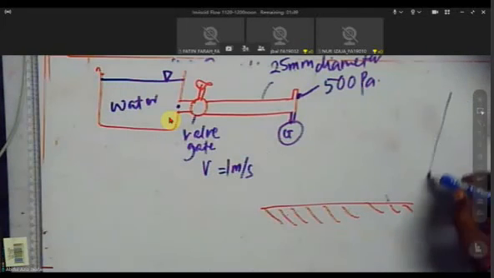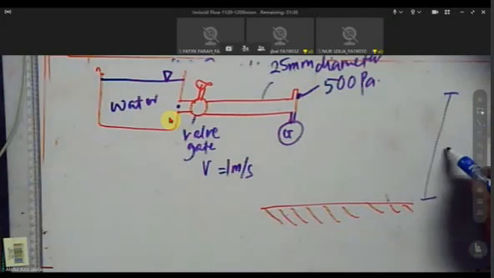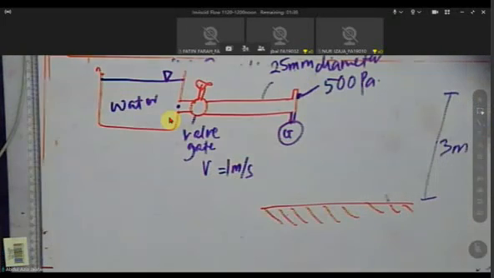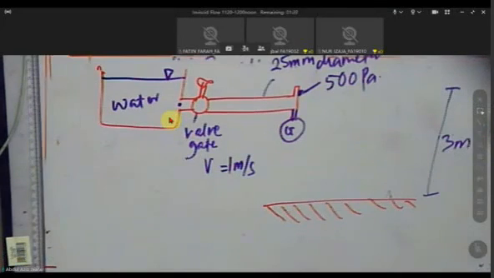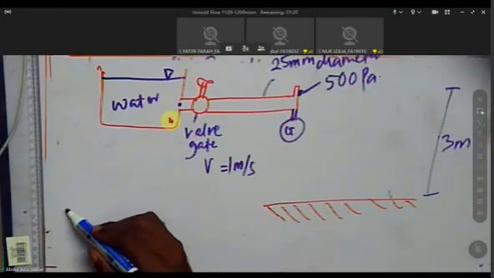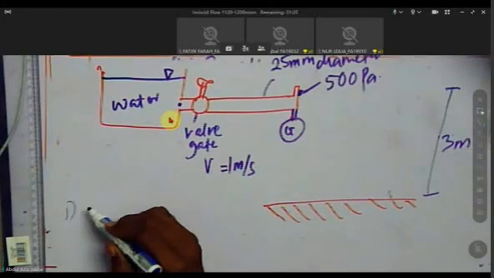Now let's say from this location it is 3 meters. So you have to first determine in the quiz what the nature of the fluid flow is.